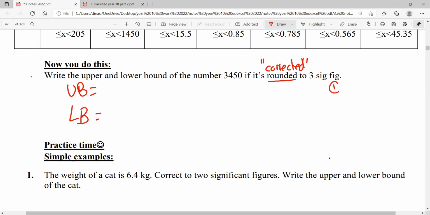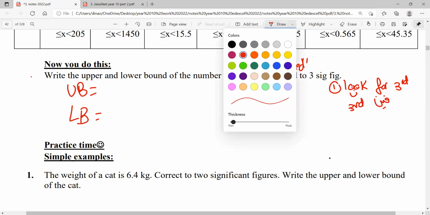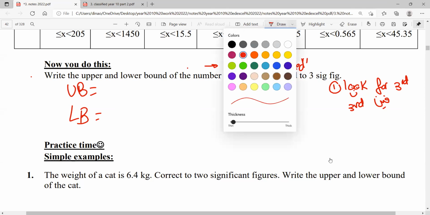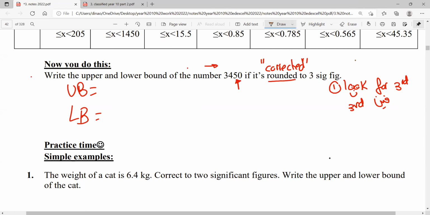So step number 1 in this question is to look for the third significant figure. Or simply ask yourself, where is the third significant figure? As we said, we look from the left. The third significant figure here is the 5. So step number 1: look for the third significant figure. I found it, which is the 5.